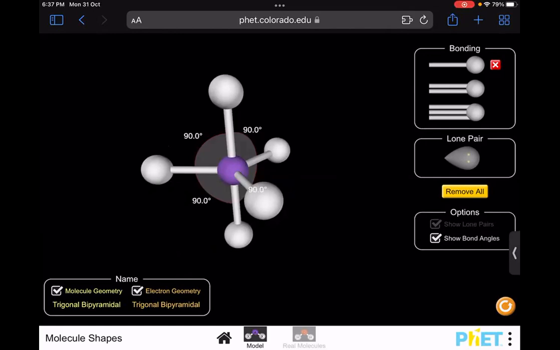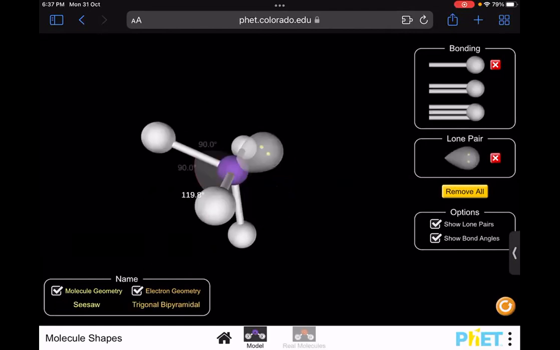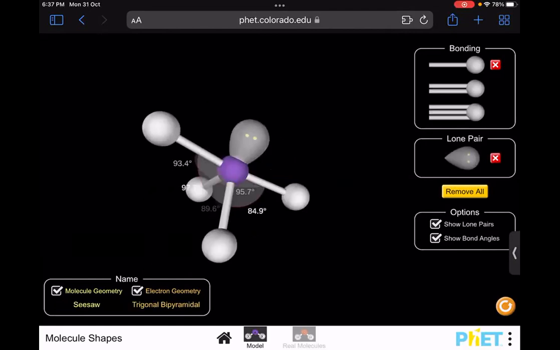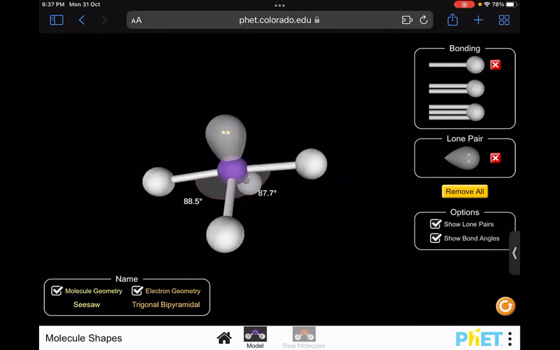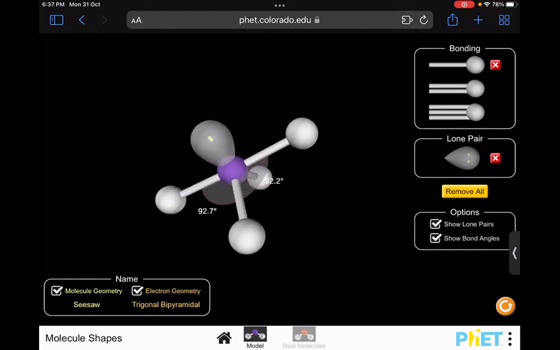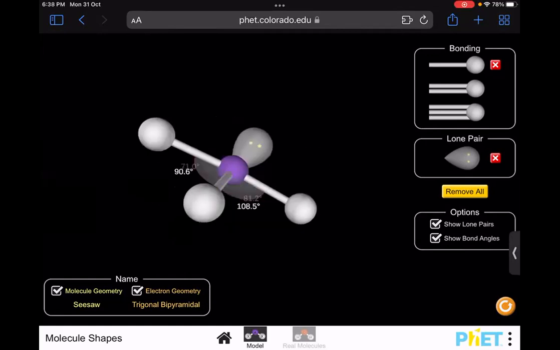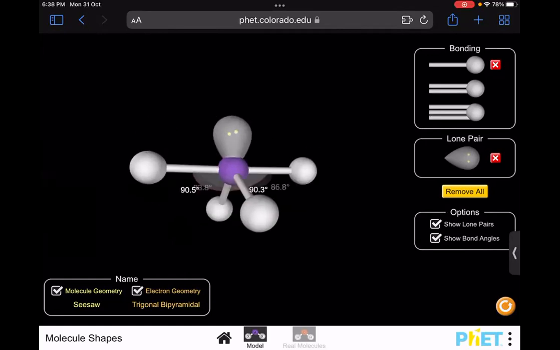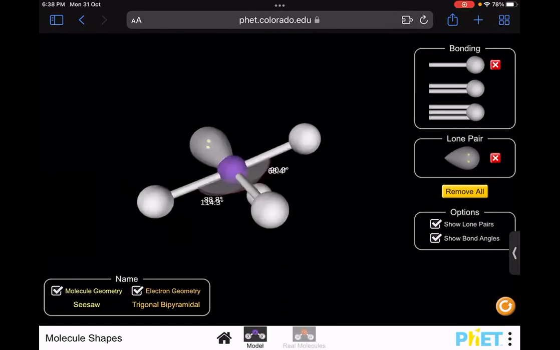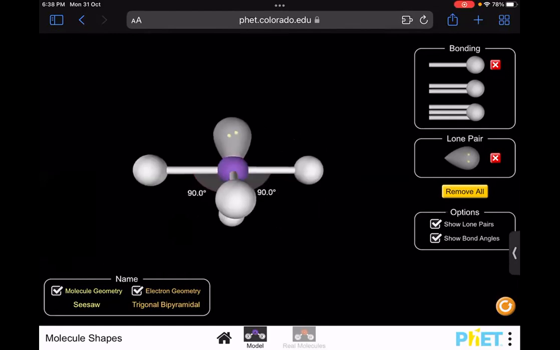So I'm adding 1 lone pair and removing 1. Now, if you're looking, this is the seesaw, right? Up and down. This is why it's seesaw.